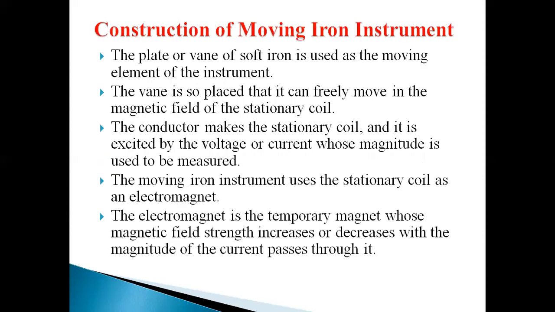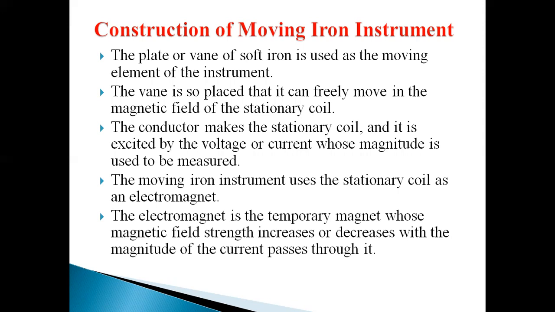So let me tell the construction of moving iron instruments. The plate or vane of soft iron is used as a moving element of the instrument. The vane is so placed that it can freely move in the magnetic field of the stationary coil.